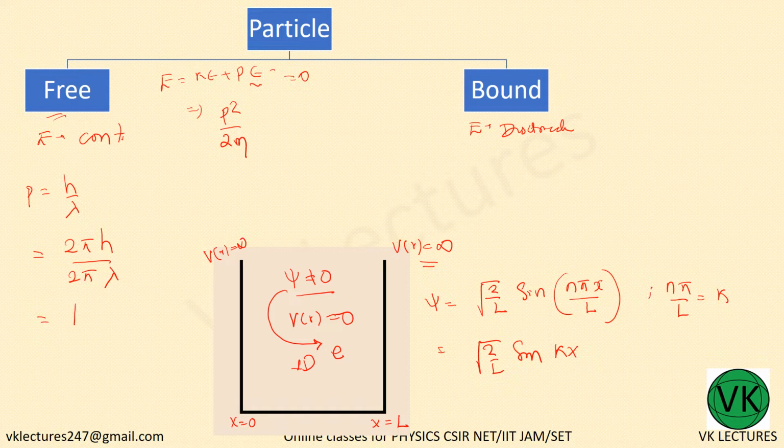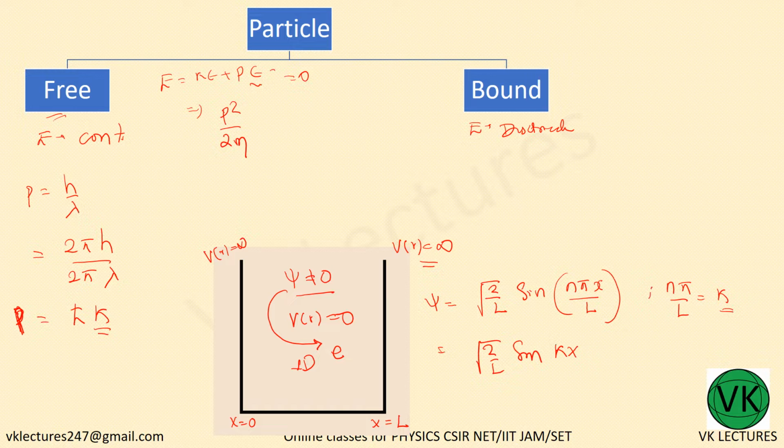And 2 pi by lambda is nothing but k, the wave number. So h cross k is equal to p. Another formula for finding momentum: p is equal to h cross k.